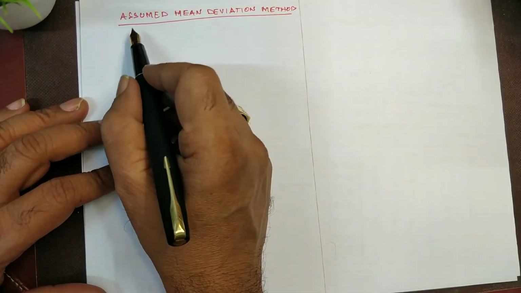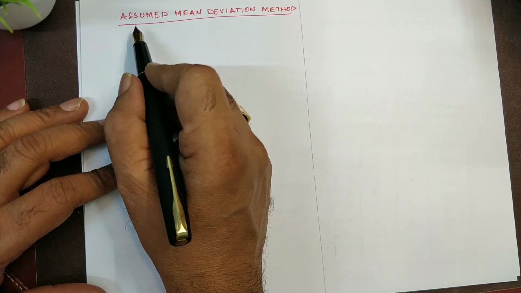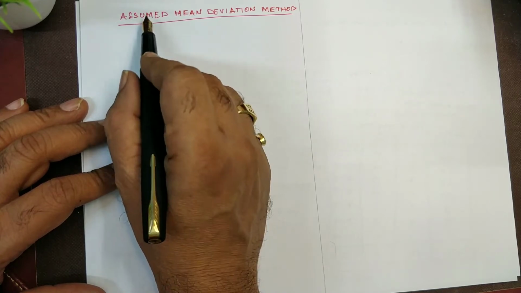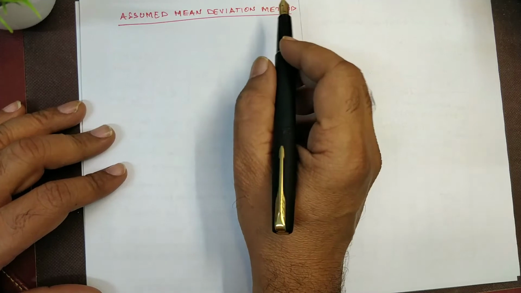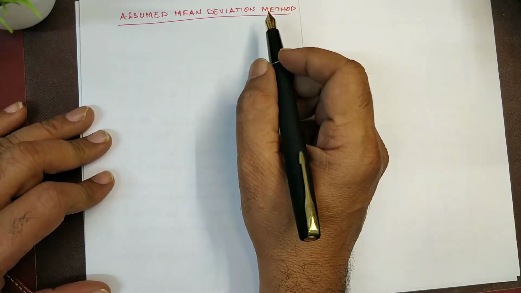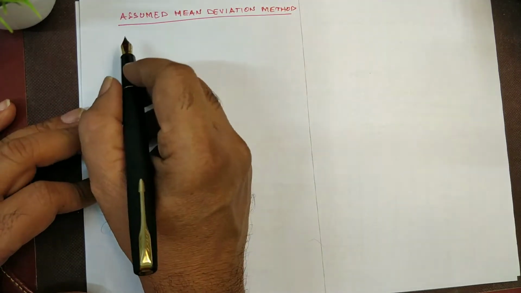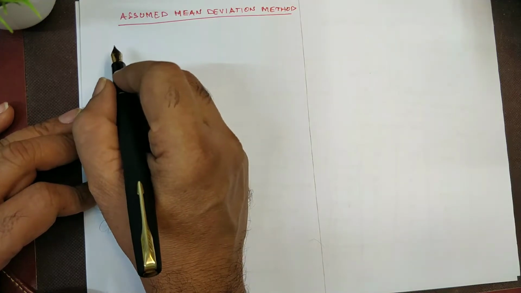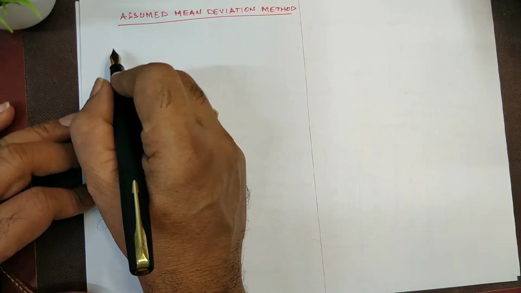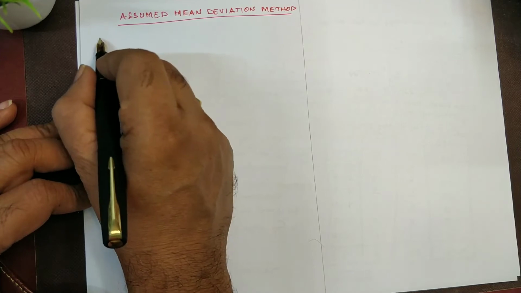There is another method of determining the mean by assumed mean deviation method. Here you have to follow four important steps. Step 1.